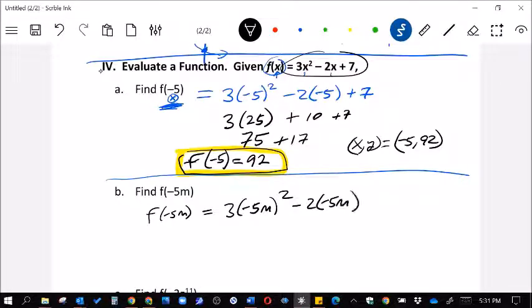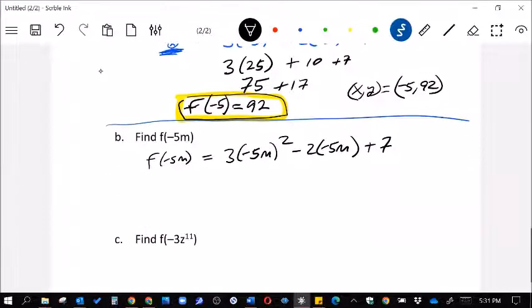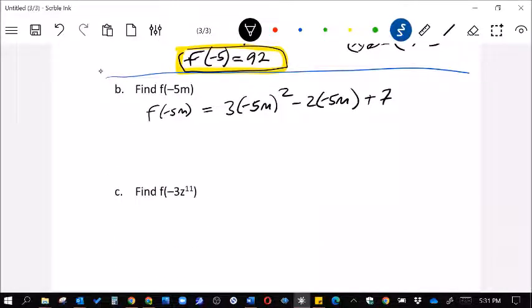Minus 2 times negative 5m plus 7. The fact that there's an m there, so what? You've done that before when you did just negative 5m squared. Well, or if you just did m squared, you just have m squared. When you do negative 5m squared, that means it's 25 and m squared. So the result of this part is 25m squared.